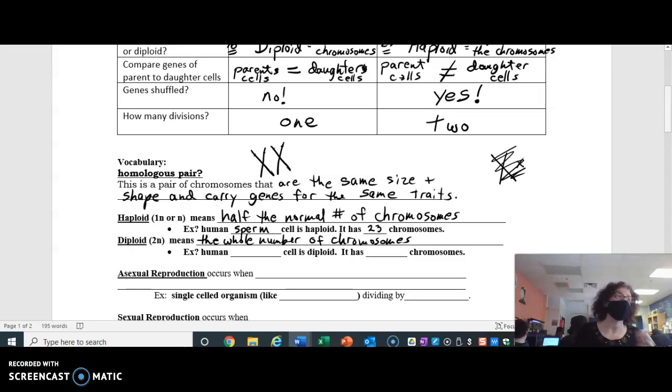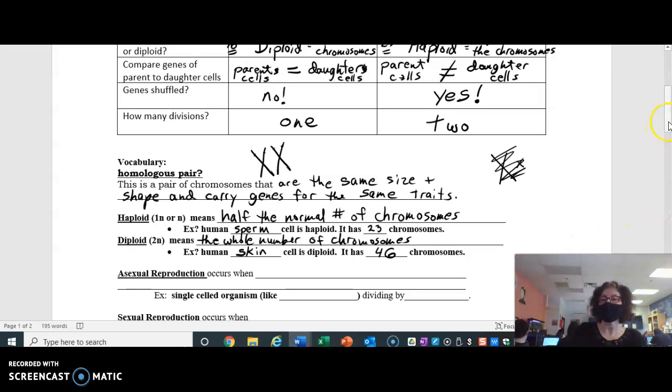So you can put a lot of different examples here. Any type of body cell, right? Your brain cell, your skin cell, your stomach cell, your muscle cell, all of those different cells are going to be diploid. So I'll put skin because we keep talking about that. So a skin cell is diploid and it has 46 chromosomes. There you go.